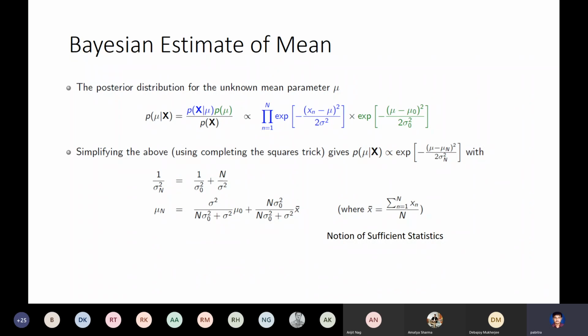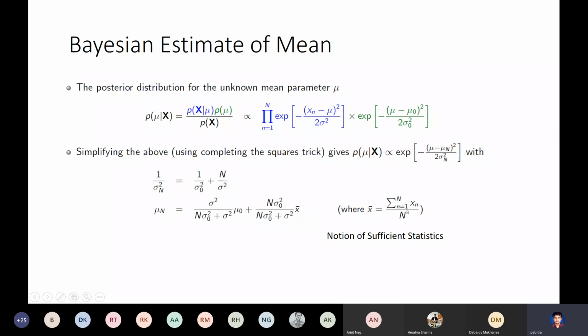So the new parameter value should be a function of the old priors, mu naught, sigma naught, and the data, x1 to xn. The only place where data appears is in the form of x bar. What is x bar?